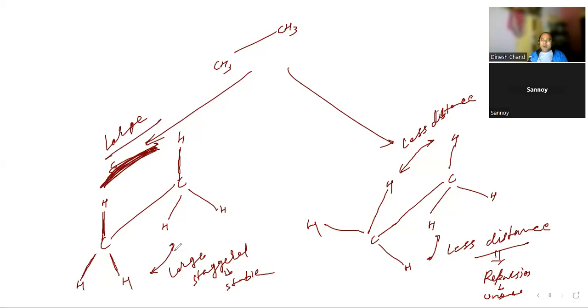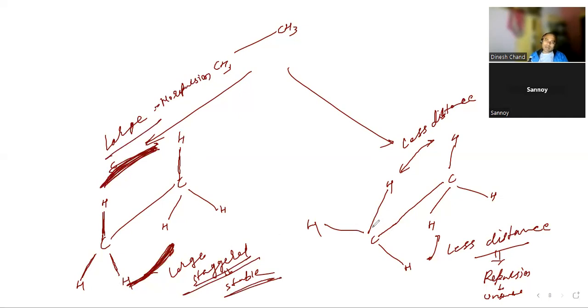See the distance between the two hydrogens, large is there. So large means it's staggered. Large means no repulsion will be there. No repulsion, so it is going to be stable.